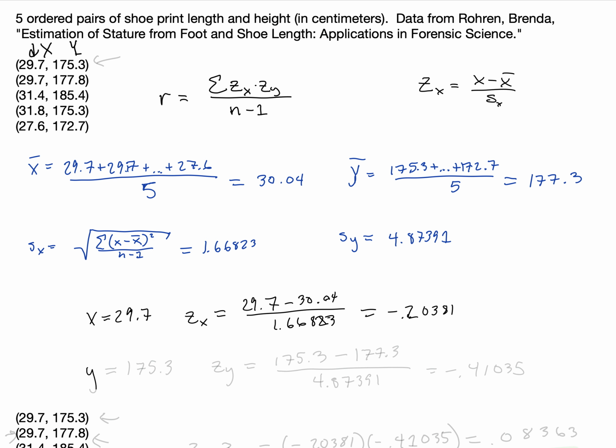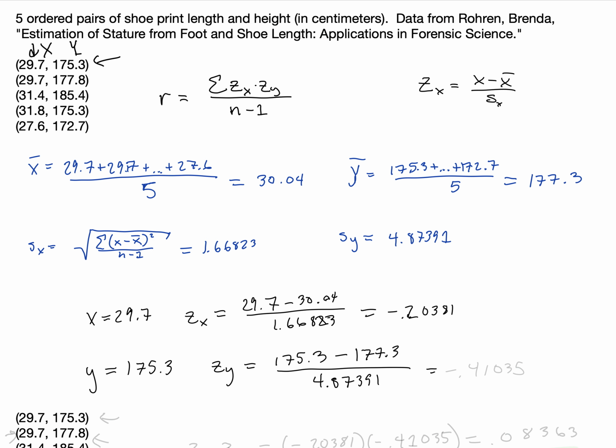And the y value, the height that goes with that value for x, was 175.3 centimeters. Z sub y is then 175.3 minus the mean for y, 177.3, divided by the standard deviation for y, 4.87391.